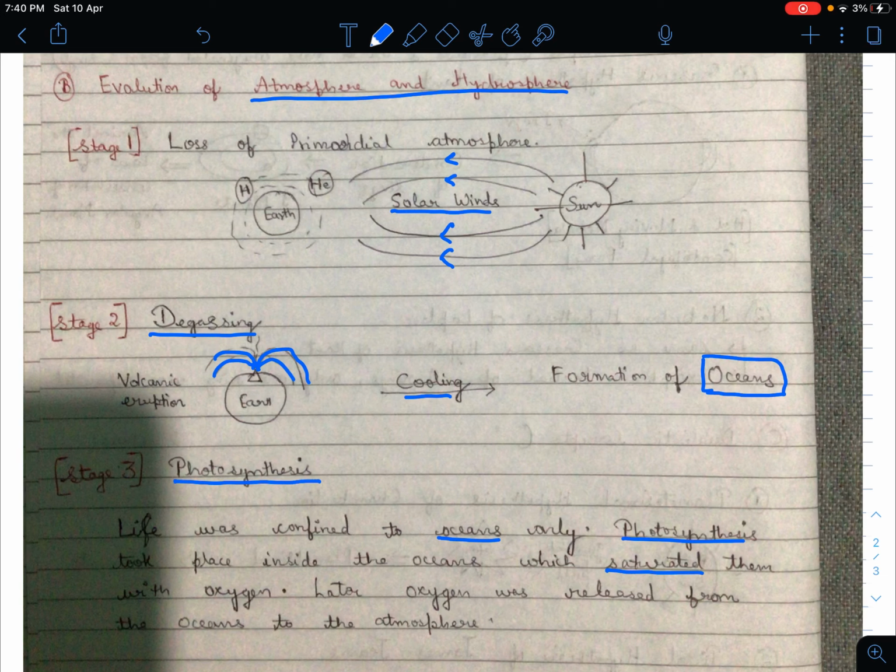Saturated means which filled them with oxygen. Later, this oxygen was released from the oceans to the atmosphere, and thus initially where was oxygen found? In the oceans, and then it was transferred to the atmosphere. So now our atmosphere primarily consists of nitrogen and oxygen.